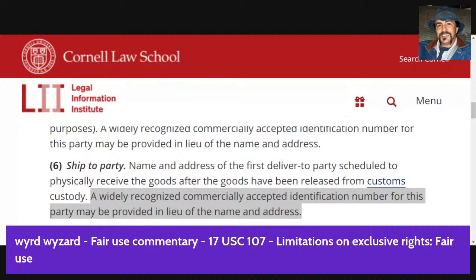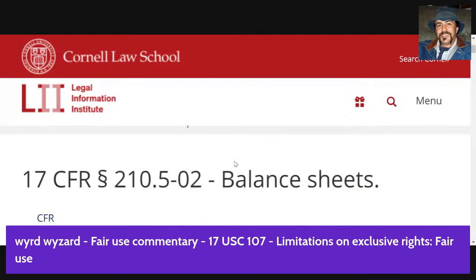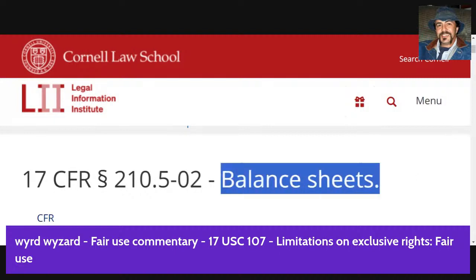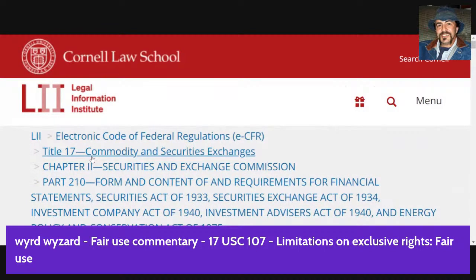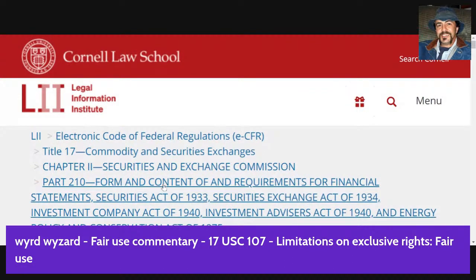17 CFR 210.5-02, balance sheets. And we're talking about 17. Title 17 is Commodity and Securities Exchanges. Securities and Exchange Commission. Part 210, Form and Content of and Requirements for Financial Statements. Securities Act of 1933.